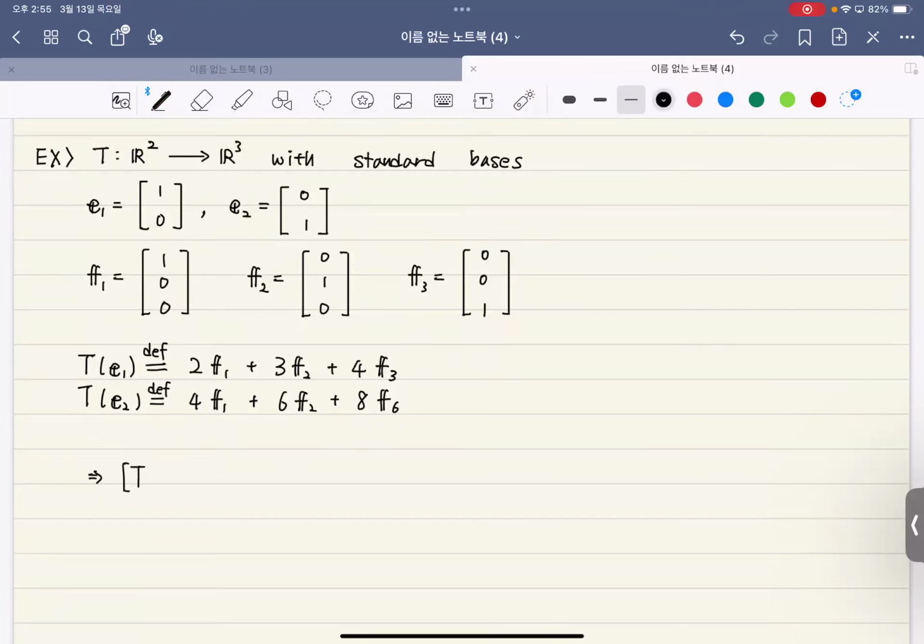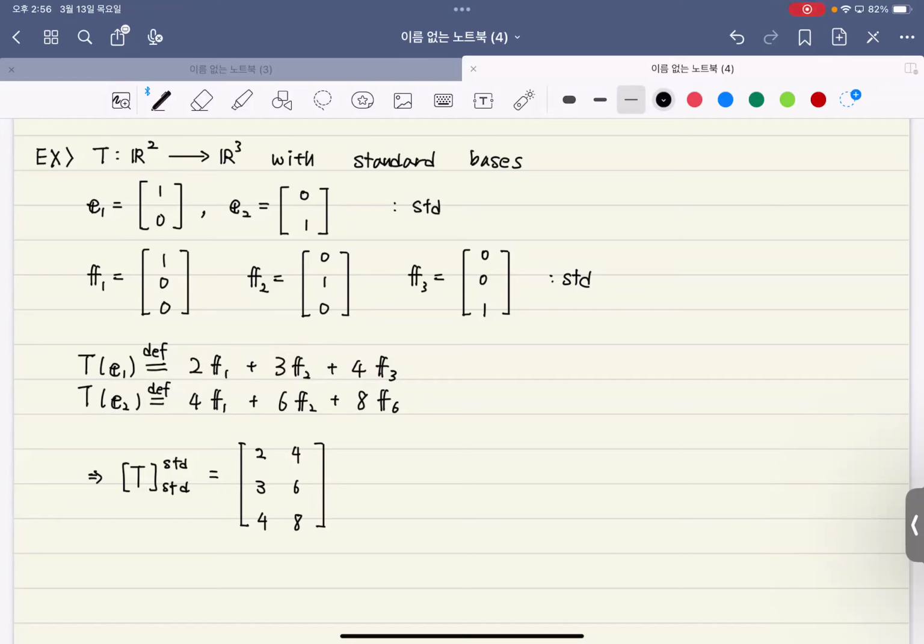The matrix representation, with the standard basis on the domain, is just copying these coefficients and writing them down in vertical manner. This must be the matrix representation of this linear transformation.